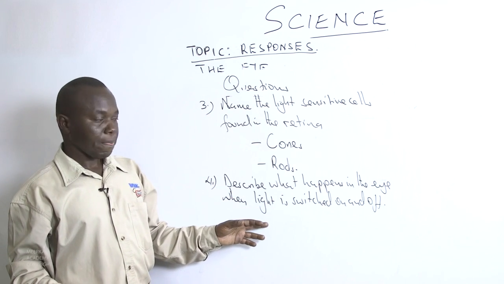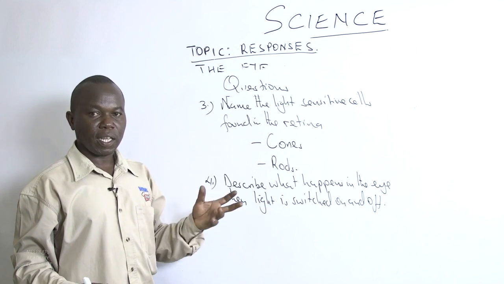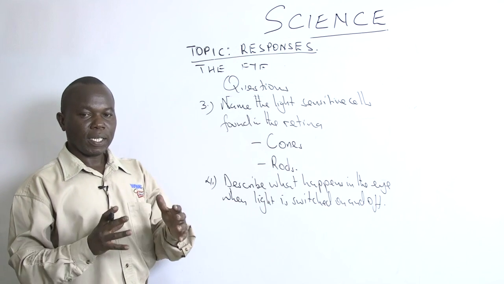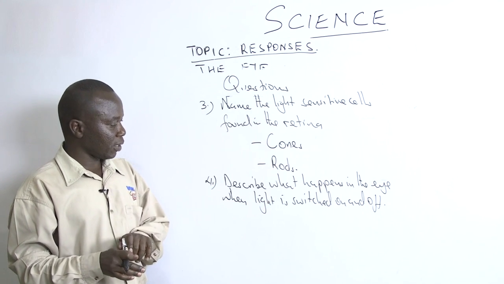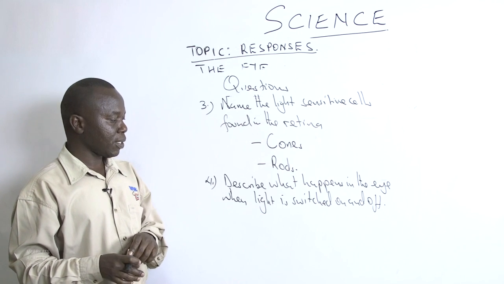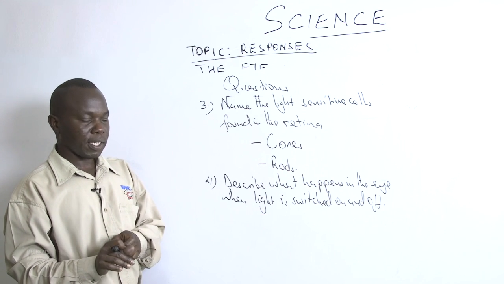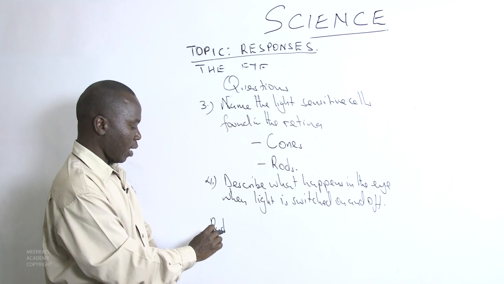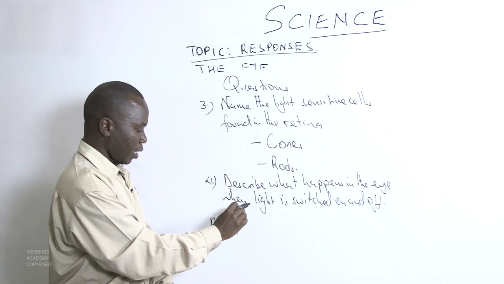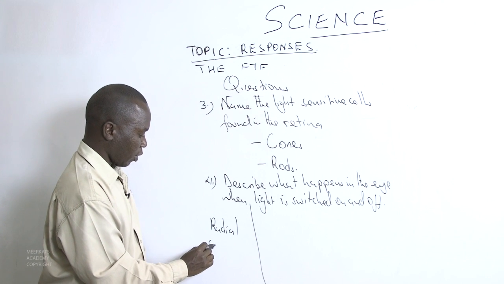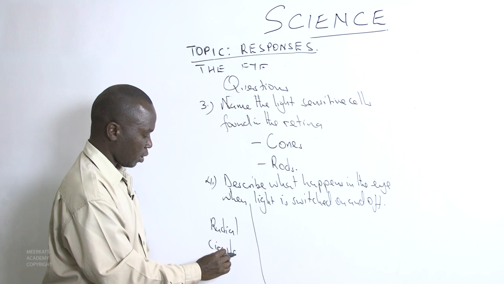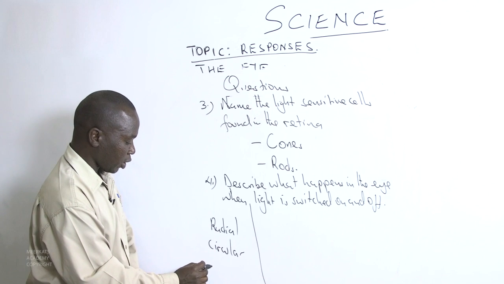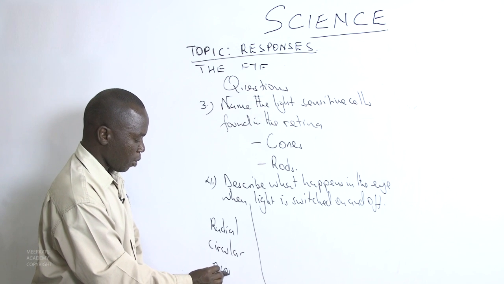Now we said there's a structure in the eye that's involved in regulating the amount of light that reaches the retina. That was the iris. The iris has 2 muscles, radial and circular muscles, together with another structure called the pupil.